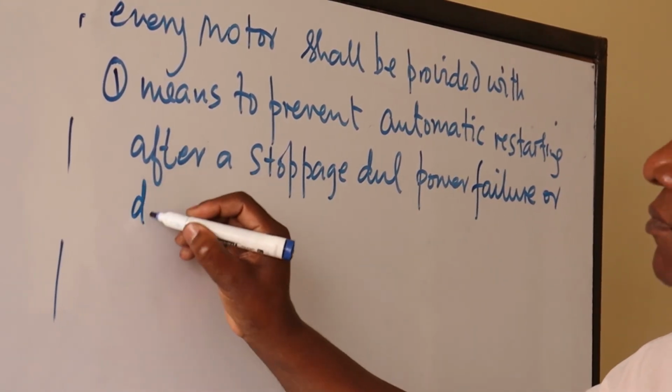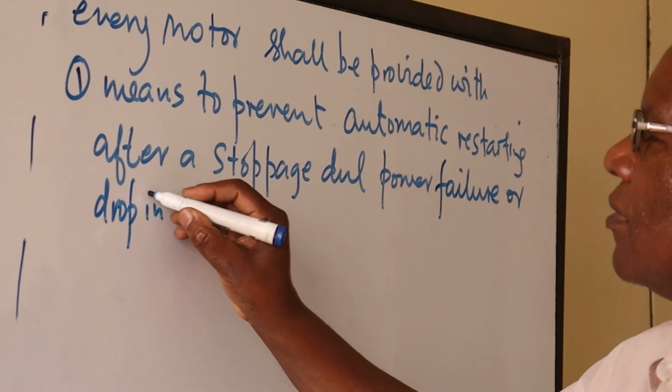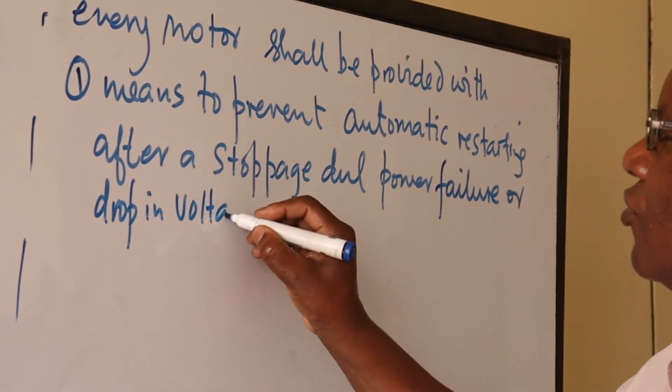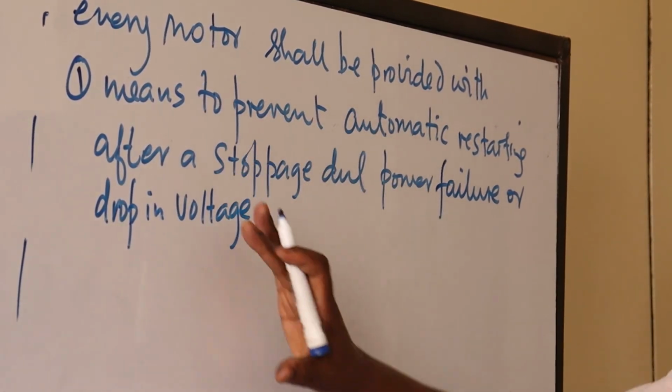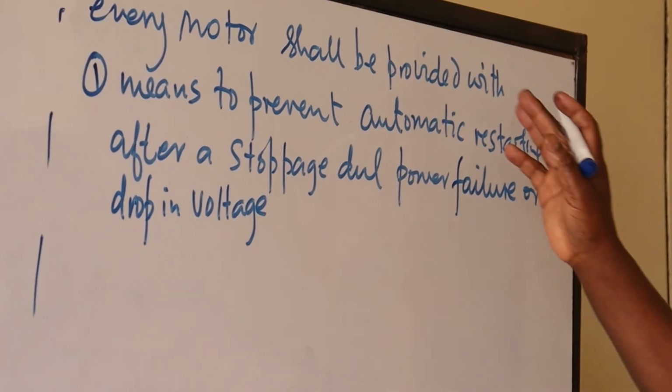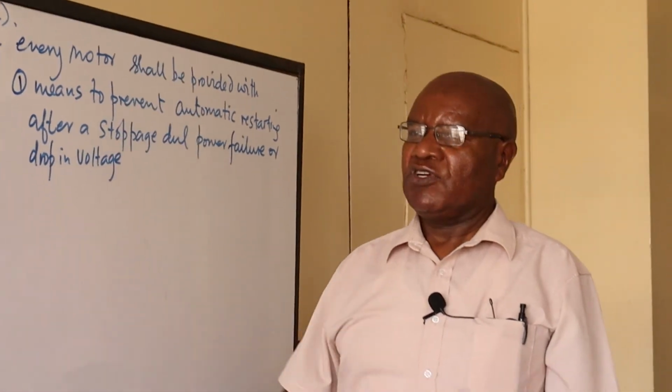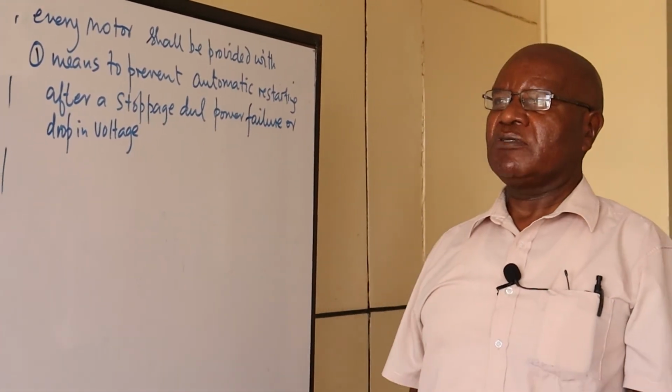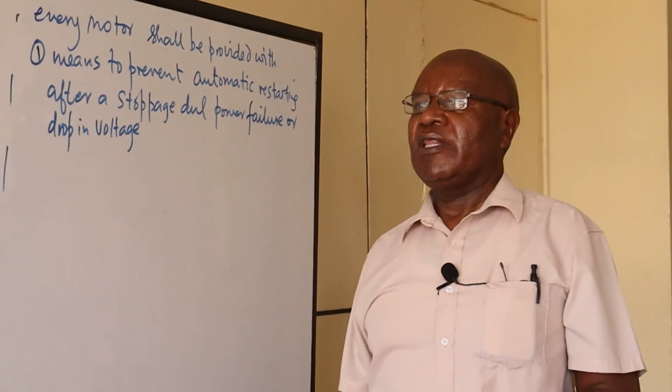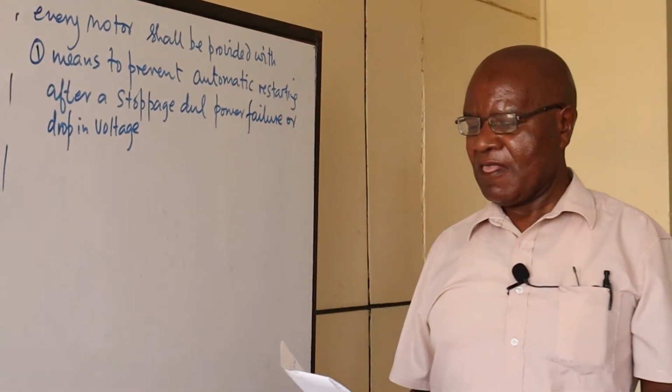or drop in voltage. In industry, when you're connecting motors, one of the things we check is the voltage. If voltage drops at a particular level, then there should be a mechanism for stopping the motors.